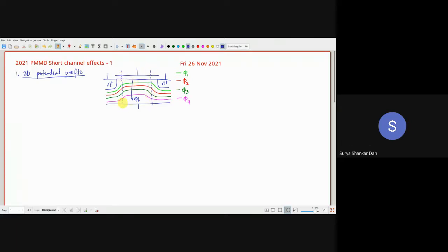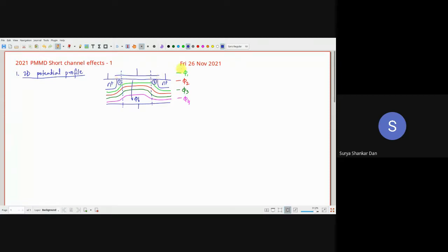You will notice that the potentials are roughly flat. The potentials are essentially decreasing as we go further away from the SiO2 to Si interface, and essentially the potential profiles are flat. Got it? So in long channel devices, we can simply ignore these regions. So this is region 1, this is region 2.